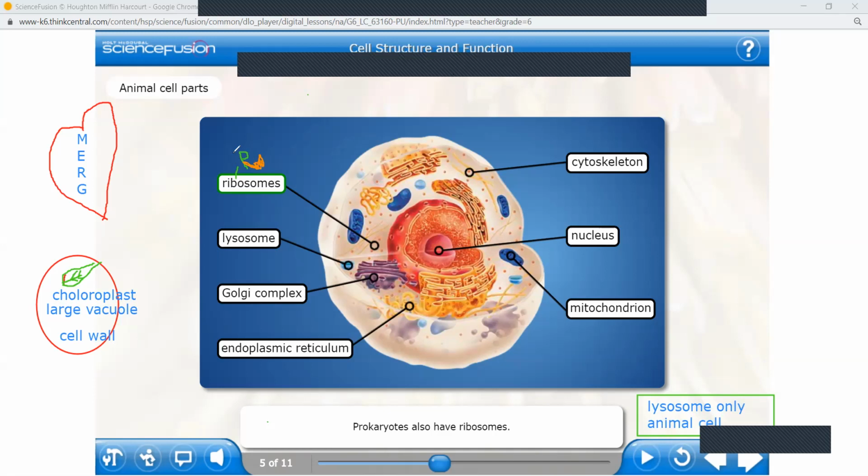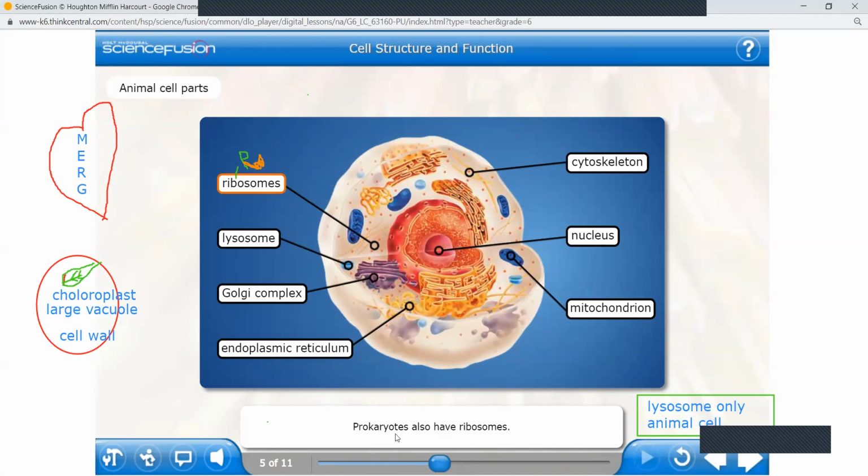They are cooking means they are making proteins. We will not remember the whole sentence. We will just remember one word for everything. So ribosomes, they make proteins.